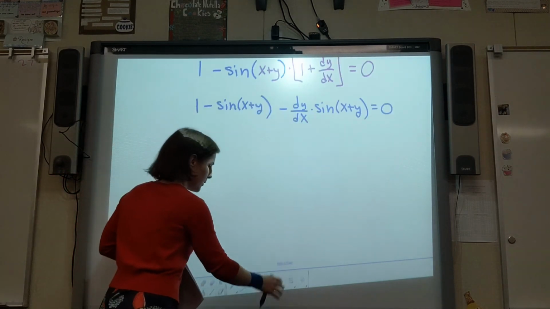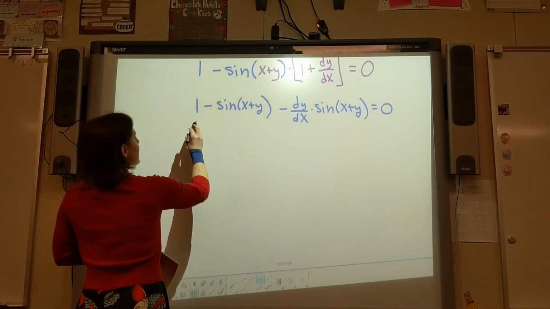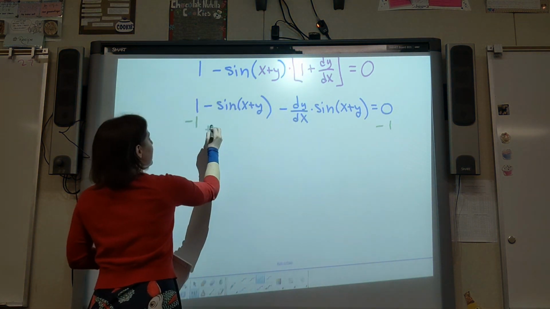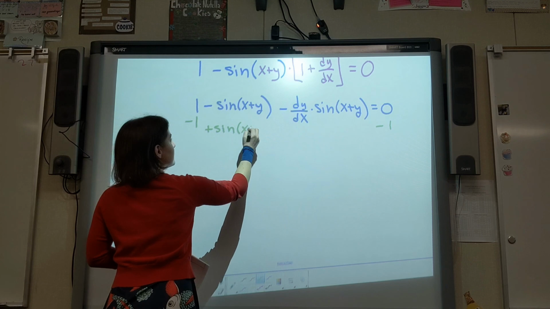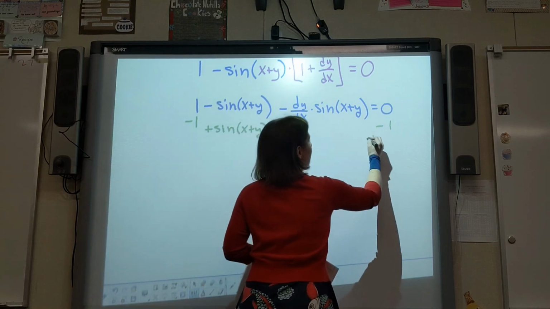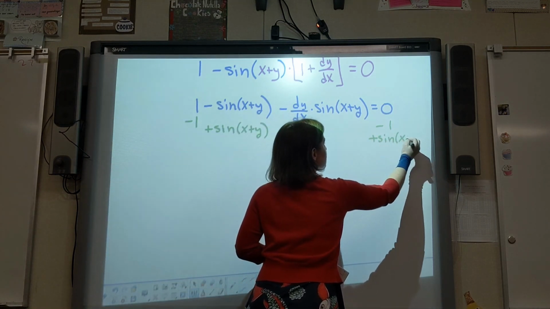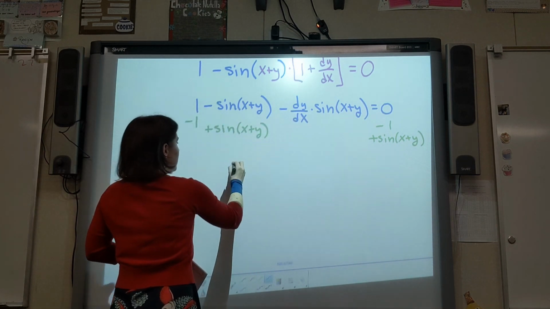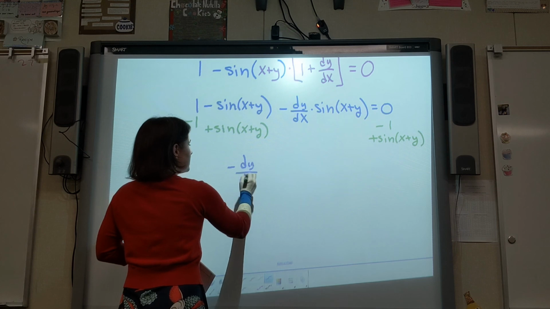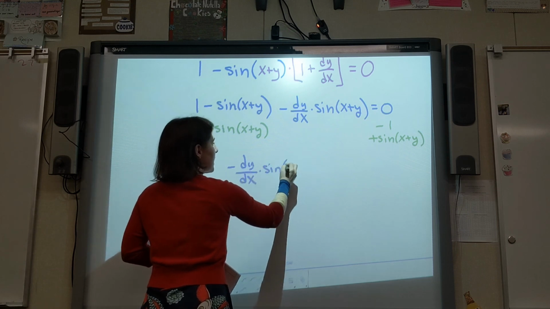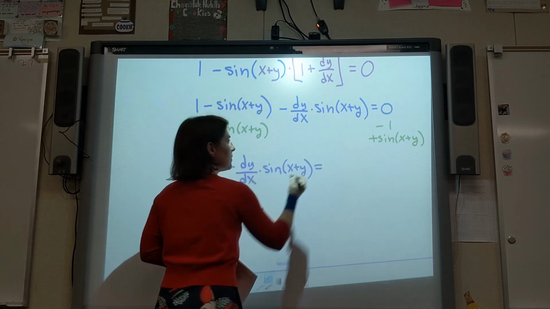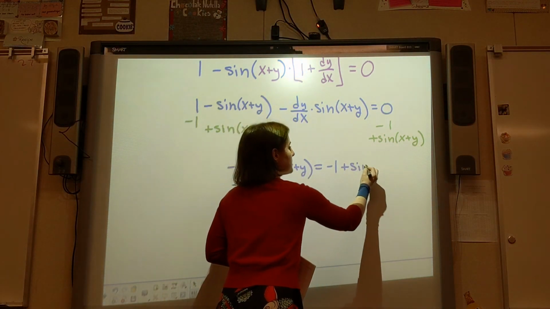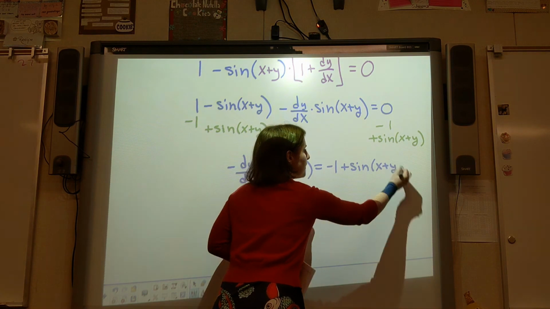I'm going to scroll up. Let's subtract 1 and add the sine of x plus y. Over here we've got negative dy dx times the sine of x plus y equals negative 1 plus the sine of x plus y.